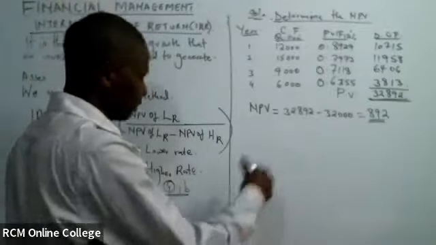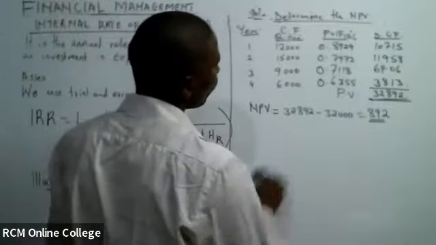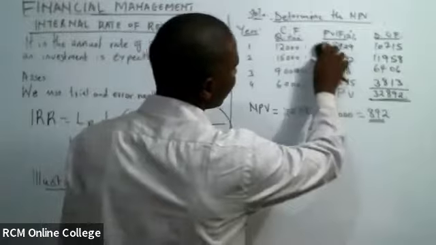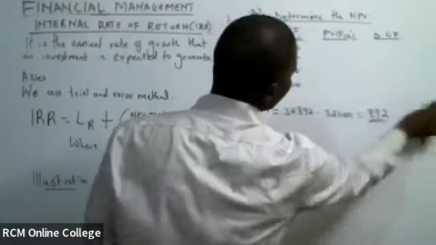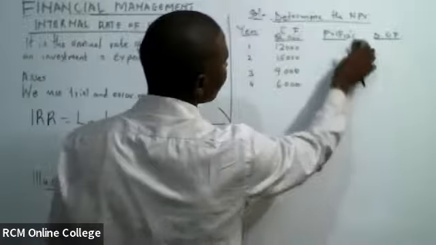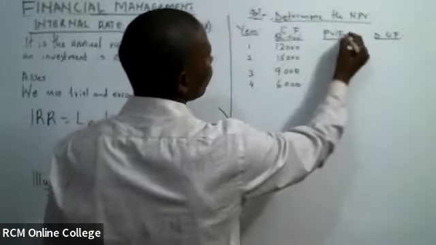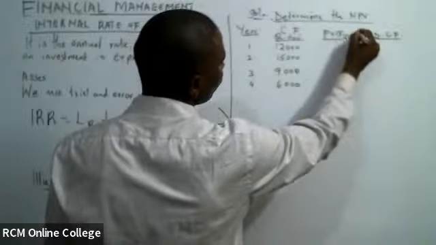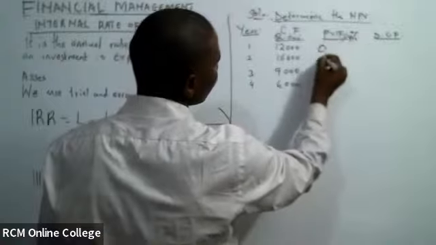So let's double that. As for me, I will not repeat the whole of this. I will just eliminate all this, and then I double my 12 to be 24. For you, you have to have another one. So give me this.